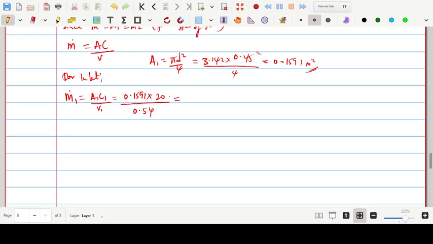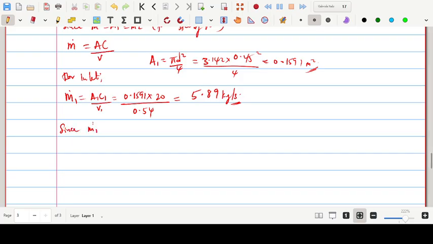I'm going to have my answer to be 5.89. What's the unit of mass flow rate? It is kilogram per second.